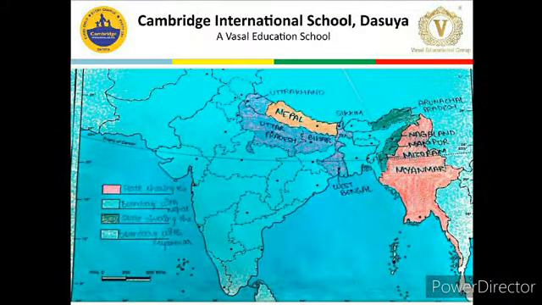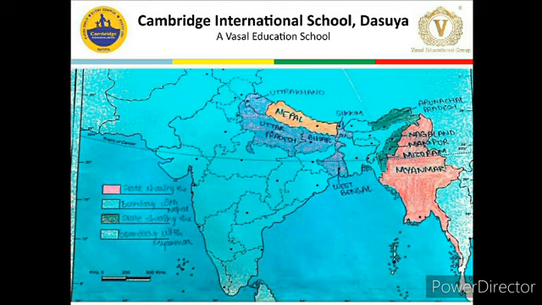Now here is the map which includes states sharing borders with Nepal and Myanmar. Nepal is shaded with orange color and surrounding states are Uttarakhand, Uttar Pradesh, Bihar, West Bengal and Sikkim.